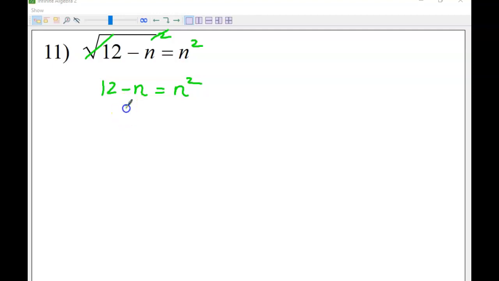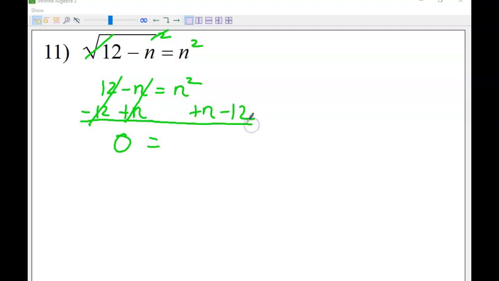What you're going to do to solve for n in this case is you're going to add or subtract everything from one side onto the other side. So I'm going to add n and subtract 12 on both sides so that on the left we have 0, but now on the right we have n squared plus n minus 12.